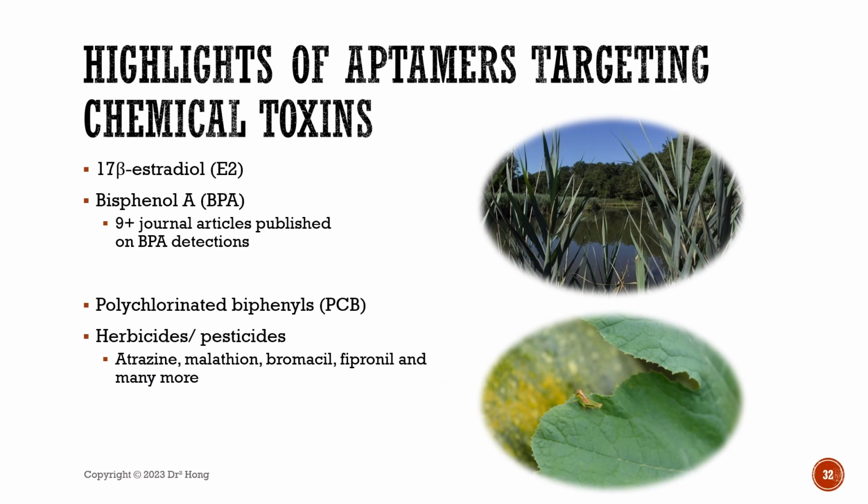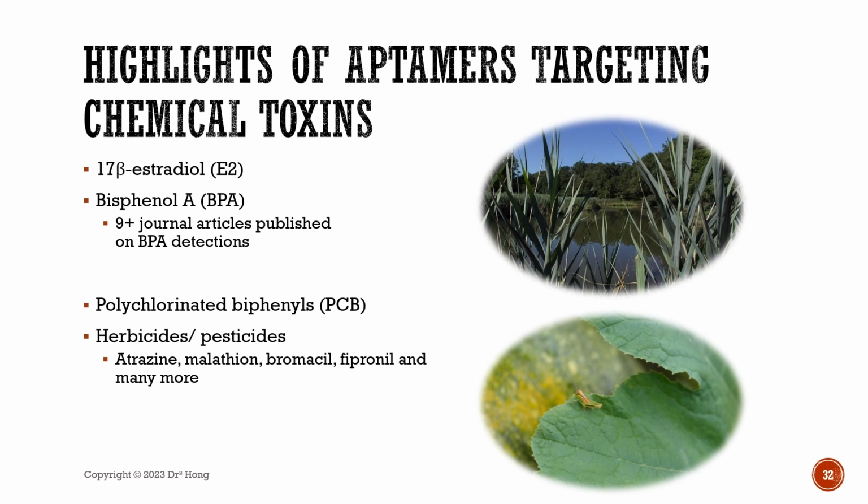So here are some examples of these environmentally relevant chemical toxins, such as 17-beta estradiol. Some of these can be from pharmaceuticals that we excrete that get into the water bodies. The second one would be bisphenol A, BPA. This is a chemical in plastic production. It can actually mimic estrogen effects, so it's quite important.